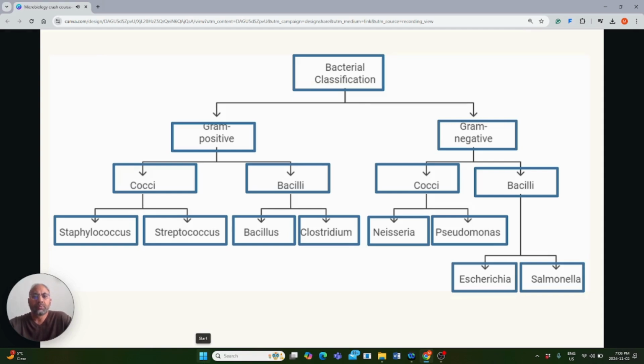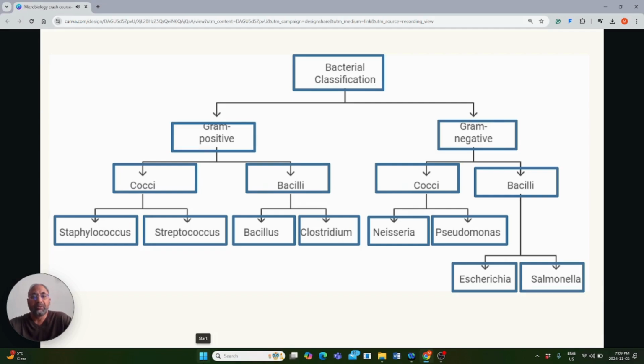So going over our overall classification of bacteria, we have gram-positive and gram-negative bacteria. In gram-positive, we have cocci and bacilli. Gram-negative also has cocci and bacilli. In gram-positive cocci, we have Staphylococcus and Streptococcus as examples. In gram-positive bacilli, we have Bacillus and Clostridium.